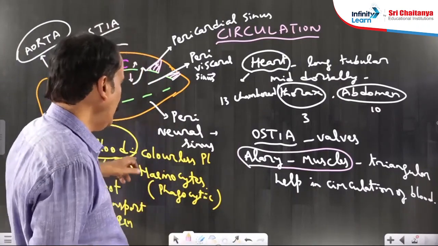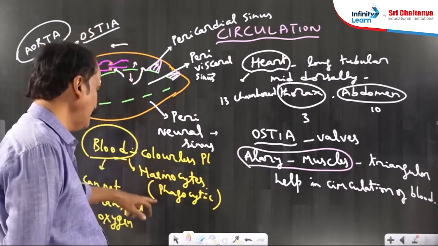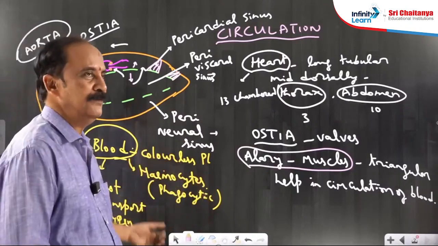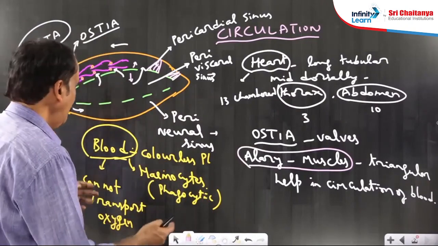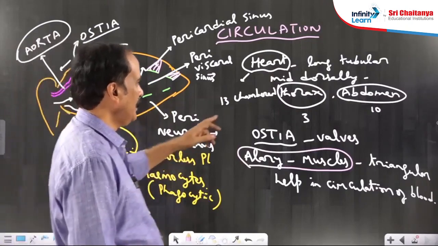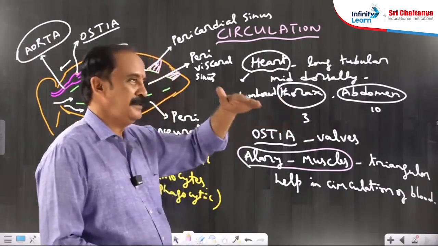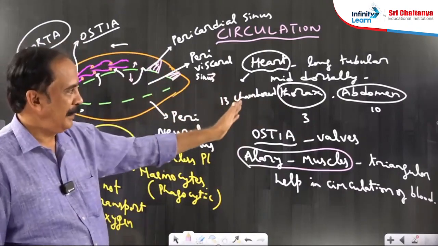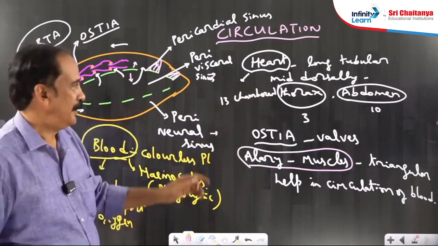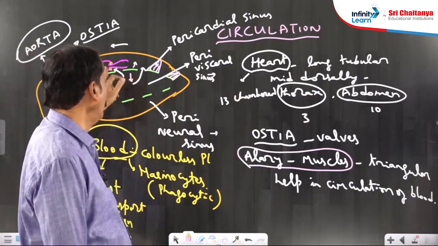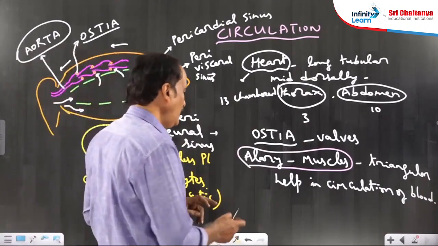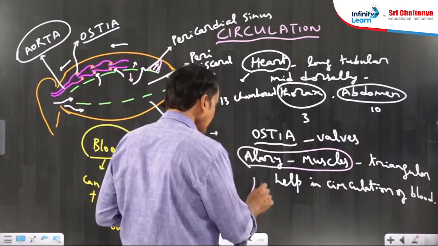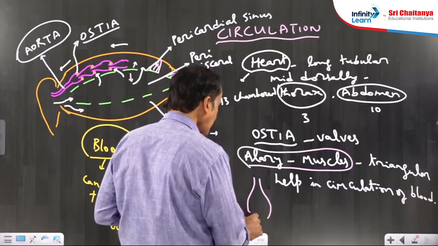As the plasma is without any pigment, it remains colorless, and blood contains cells named hemocytes that are phagocytic. And the third is the heart located mid-dorsally, just below the terga or tergite. 3 chambers are there in thorax and 10 in the abdomen. Each heart chamber has a narrow anterior end and a broad posterior end. You can have an idea, heart is present like this.